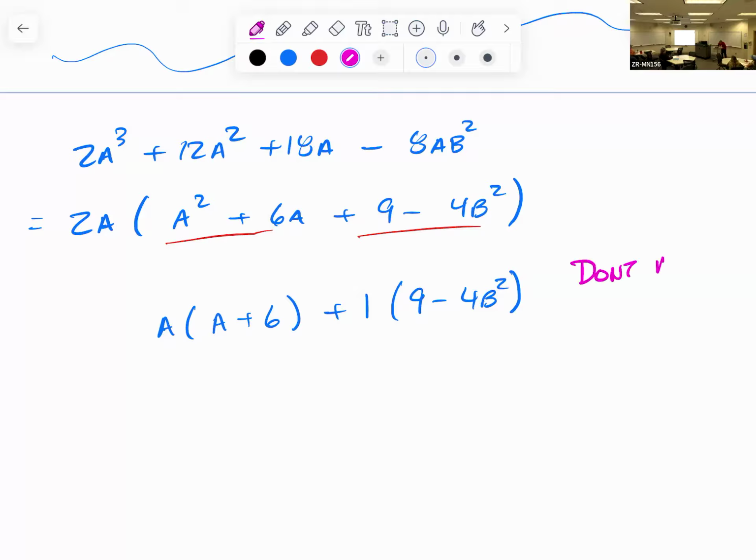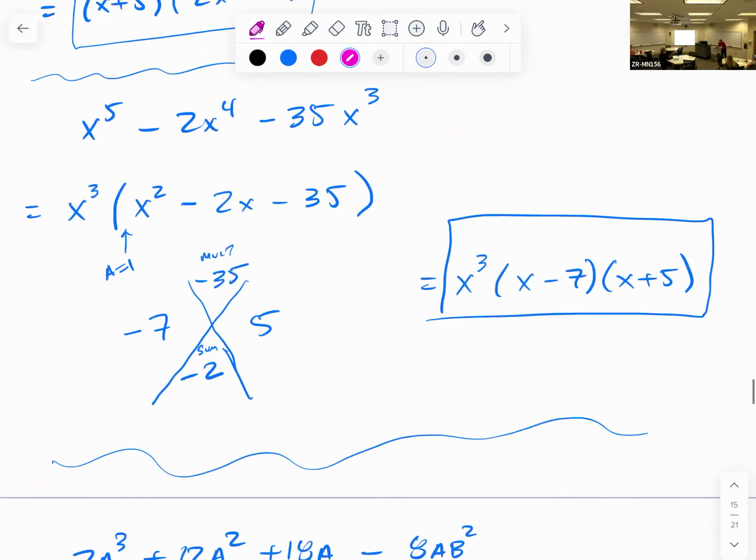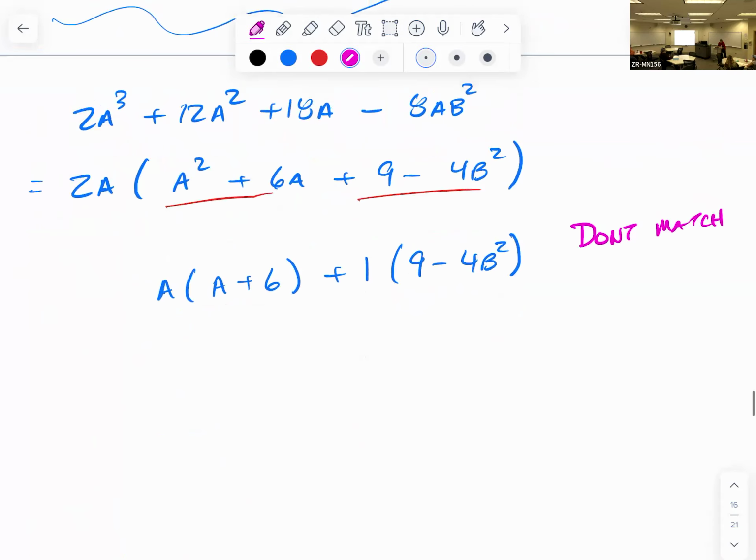So that is the first thing we have to identify. They don't match. That's a big problem, right? We saw above, X plus 5, they matched. Excellent. So when they don't match, does anyone remember? Yeah, we have to back up and try 3 by 1 grouping.